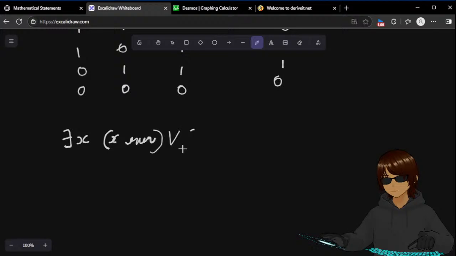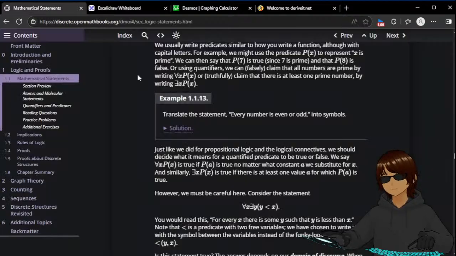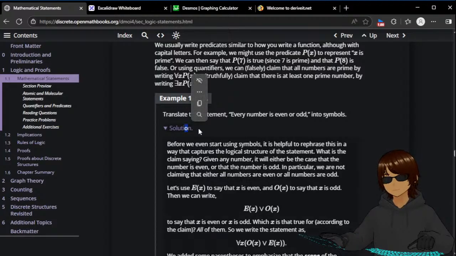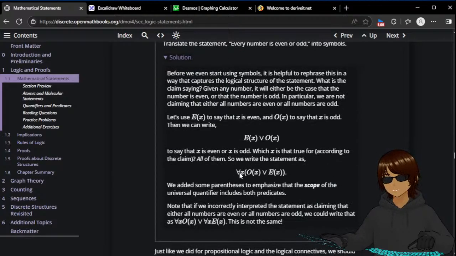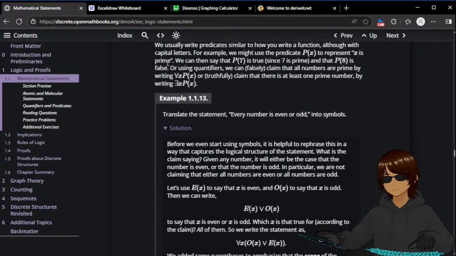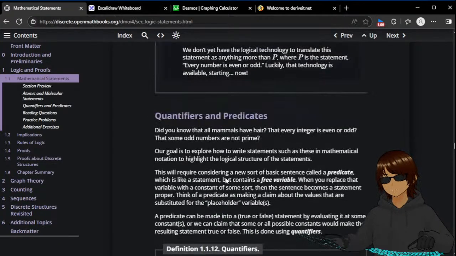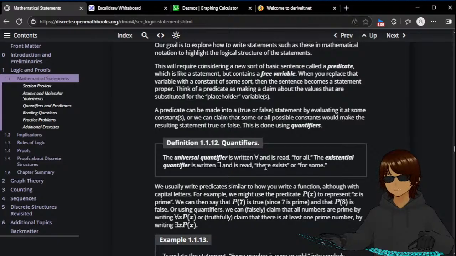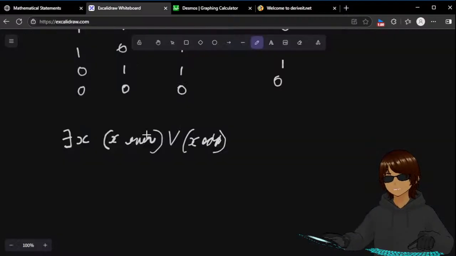X even or X odd. Or you write it like this. Now E is there exists. I should have written for all.